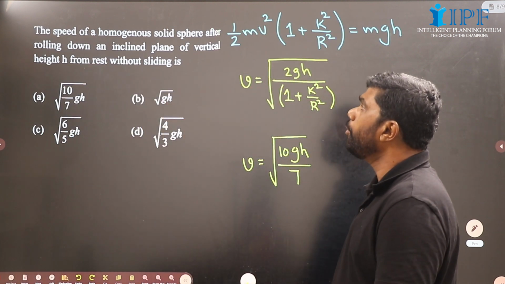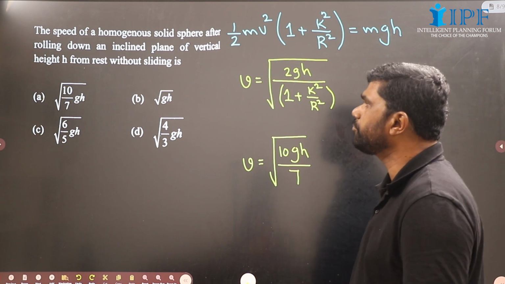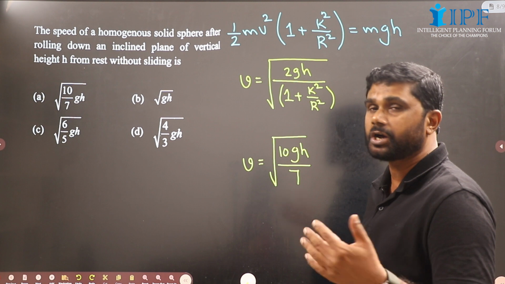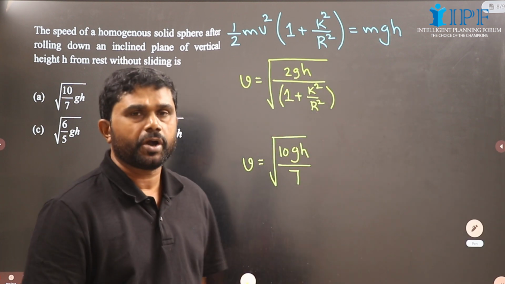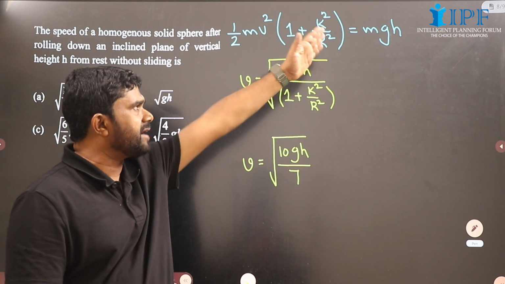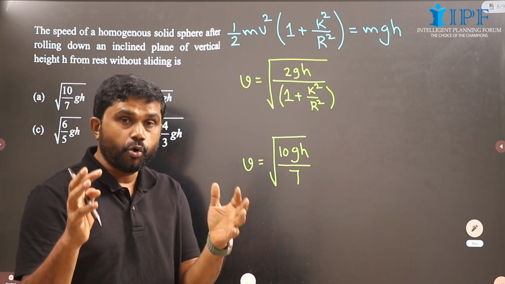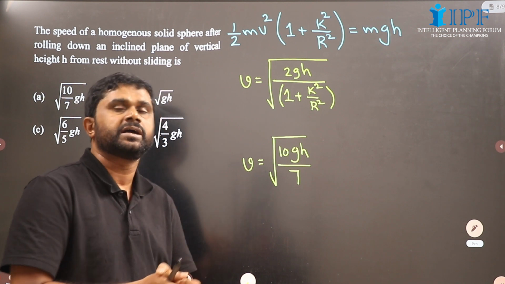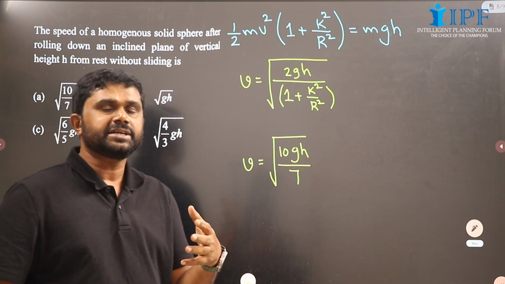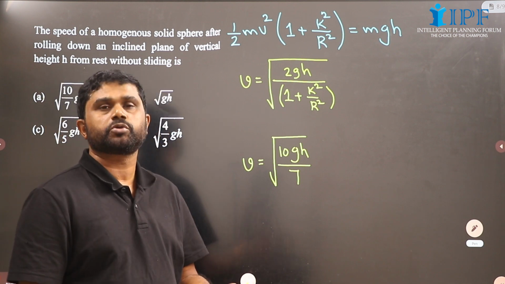The speed of a homogeneous solid sphere after rolling down an inclined plane of vertical height h from rest without sliding. At the highest point, the body possesses gravitational potential energy mgh. When it reaches the bottom, the whole gravitational potential energy will be converted into kinetic energy, which is translational plus rotational.